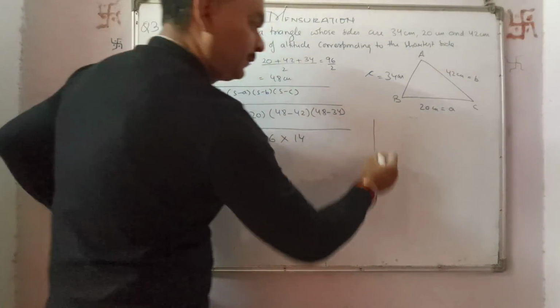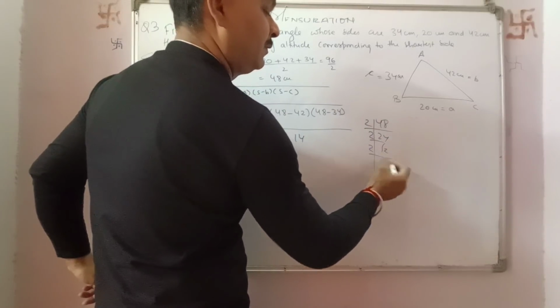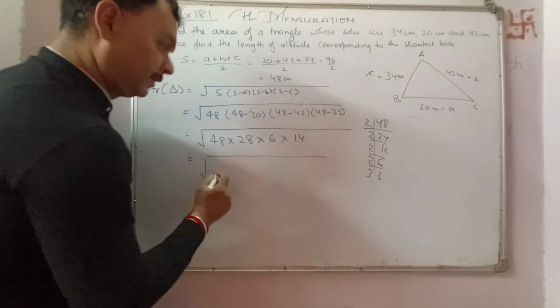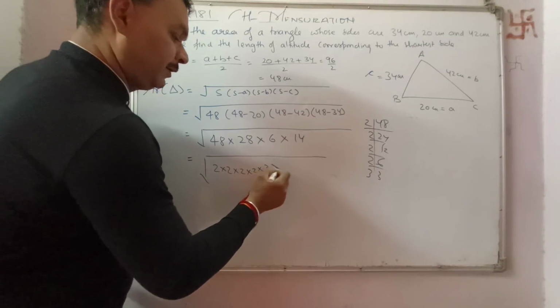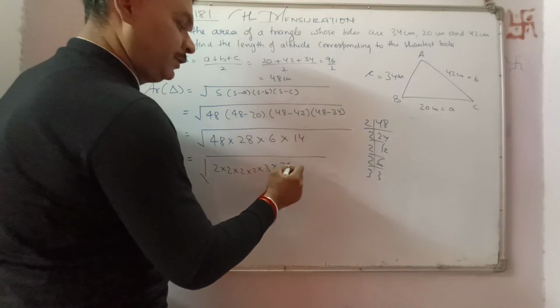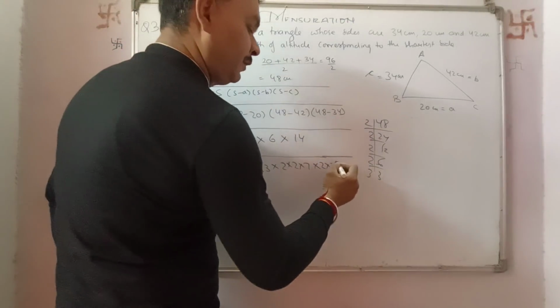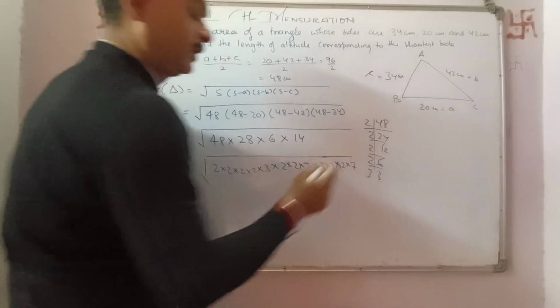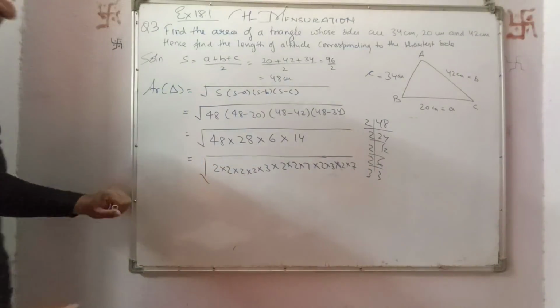48: 2, 24, 2, 12, 2, 6, 2, 3. So this is 2 into 2 into 2 into 2 into 3. 28 is 2 into 2 into 7, 6 is 2 into 3, and 14 is 2 into 7. Now we'll find the pairs of like prime factors.